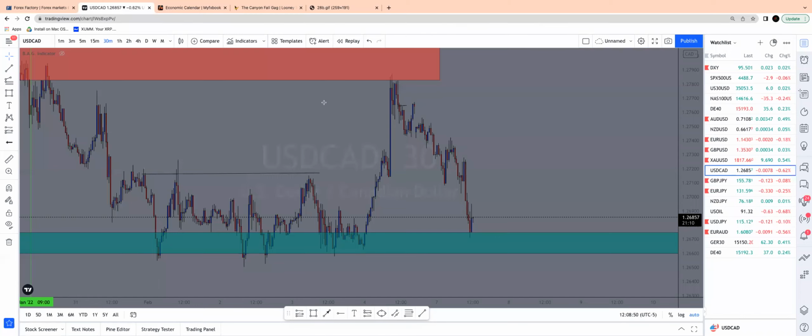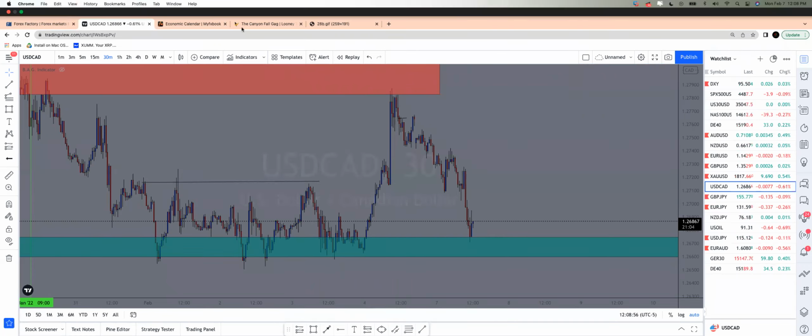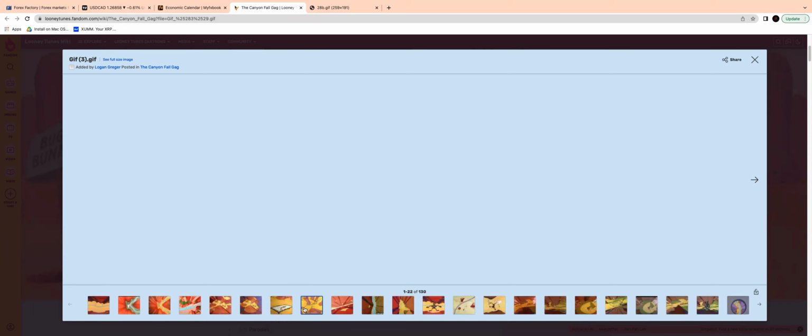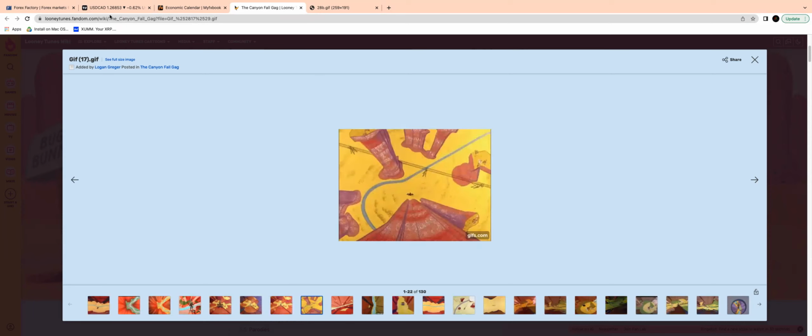So obviously at that point, if they can't hold on, right, and they're failing to go higher than this, then you get what we see here with the Looney Tunes, right? Grand Canyon fall, and price is just falling off the cliff.